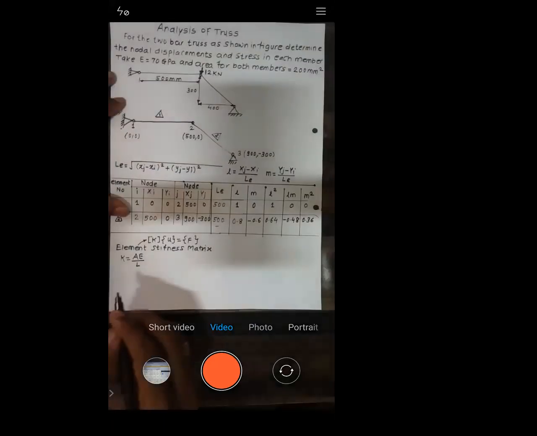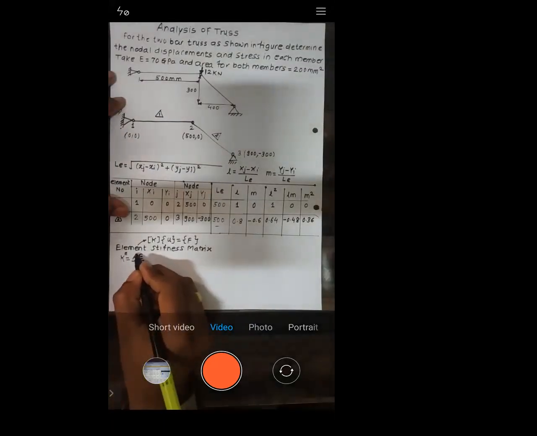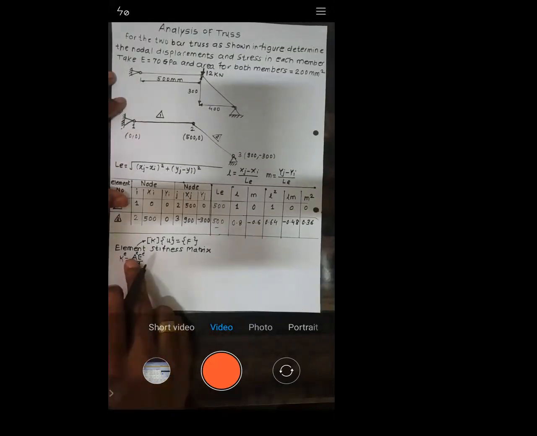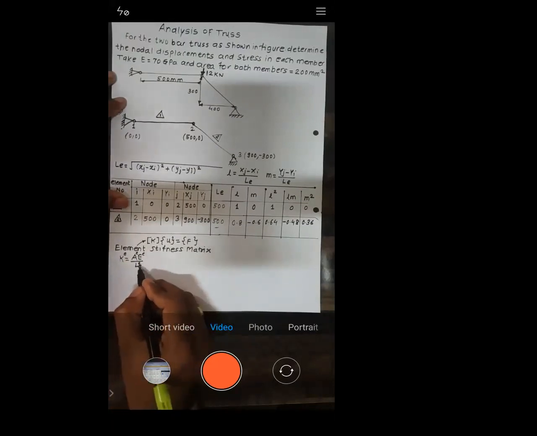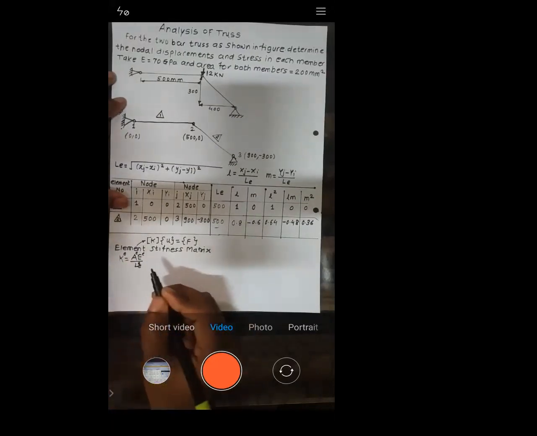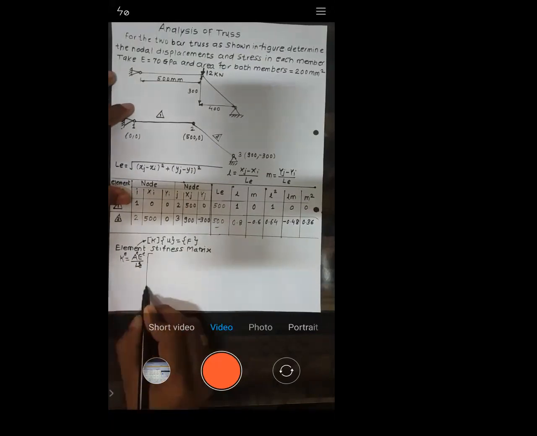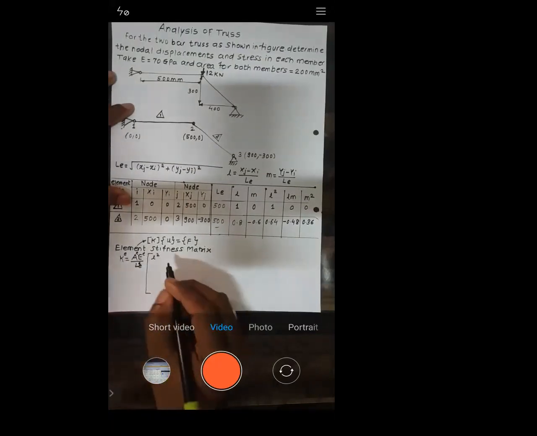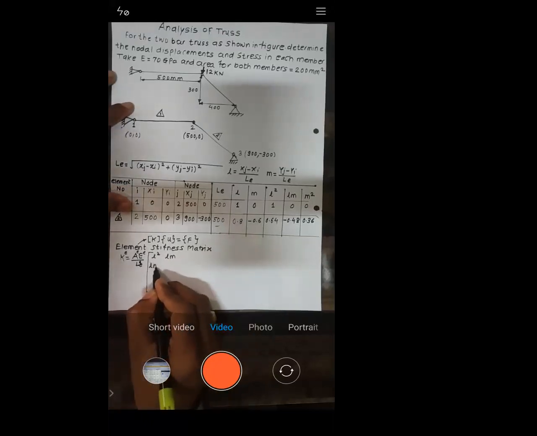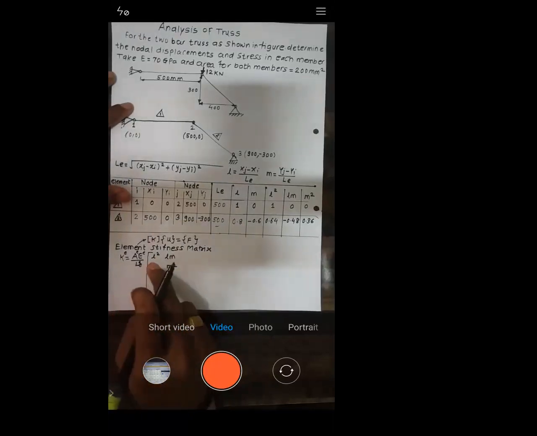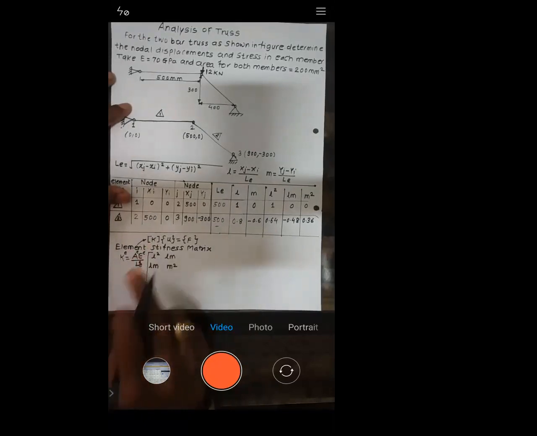See, this L is nothing but the length of the element. If I write down the stiffness matrix for any element, it is given by AE by L, that is area of element, E of element, length of element, into L square, LM, LM and M square. The length of every element you already calculated.